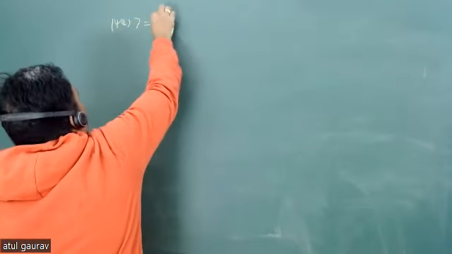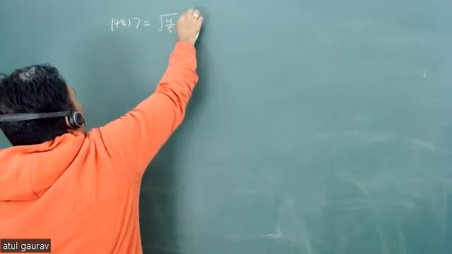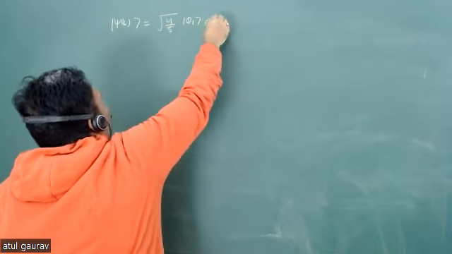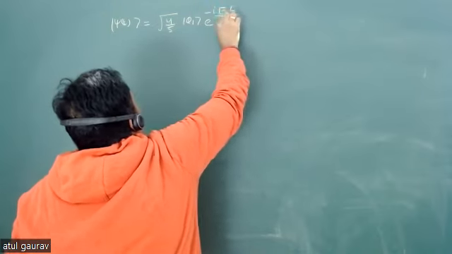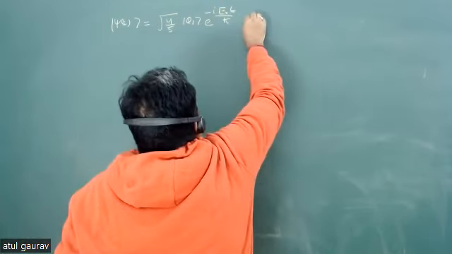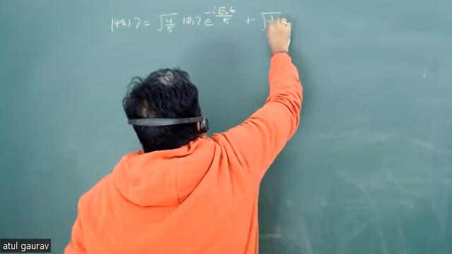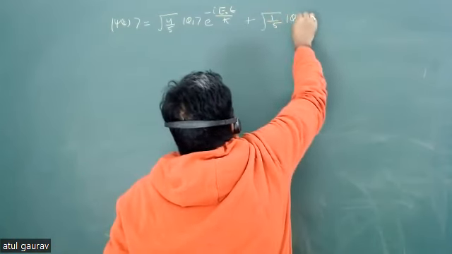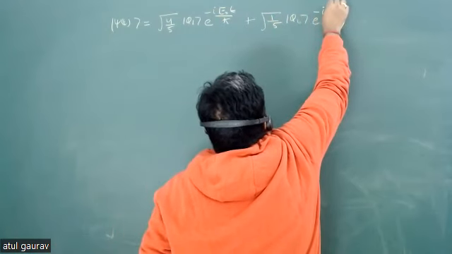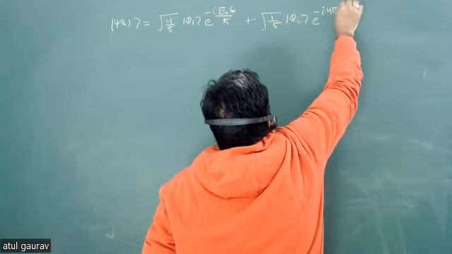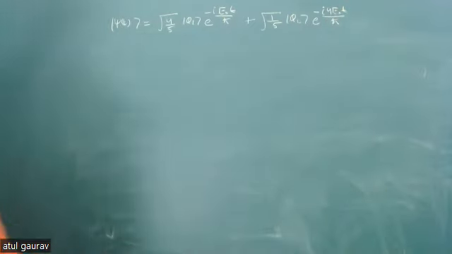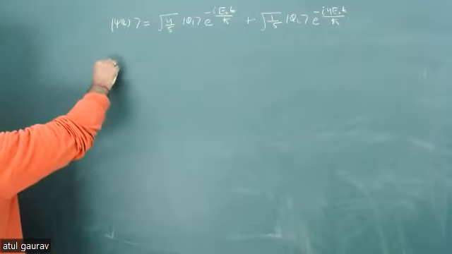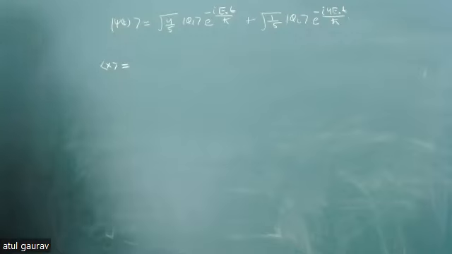Psi t is 4 upon 5 phi 1 e to the power minus I e naught t upon h cut plus root under 1 upon 5 phi 2 e to the power minus 4 I e naught t upon h cut. Clear है ये? Now we have to go for average value of momentum. Sorry, average value of position first. So what is first term?